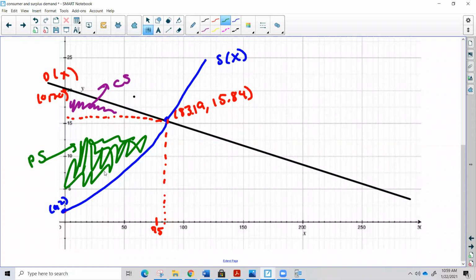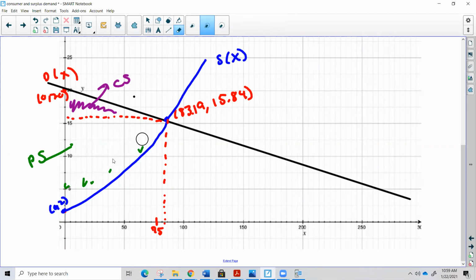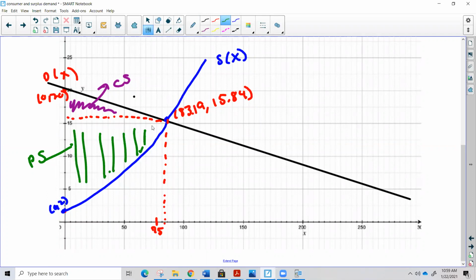So just use different notation for shading them and just make sure to clearly label it. So if I don't have different colors for this producer surplus, just do like maybe lines up and down. And then the consumer surplus, do lines left and right, something like that to indicate that they're different if you don't have different colors.